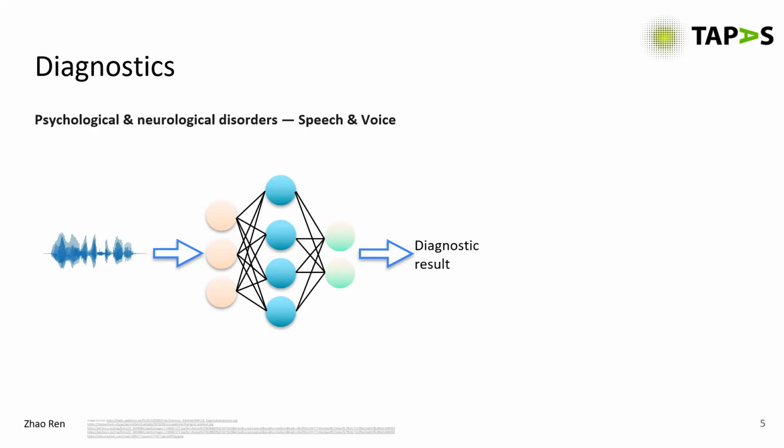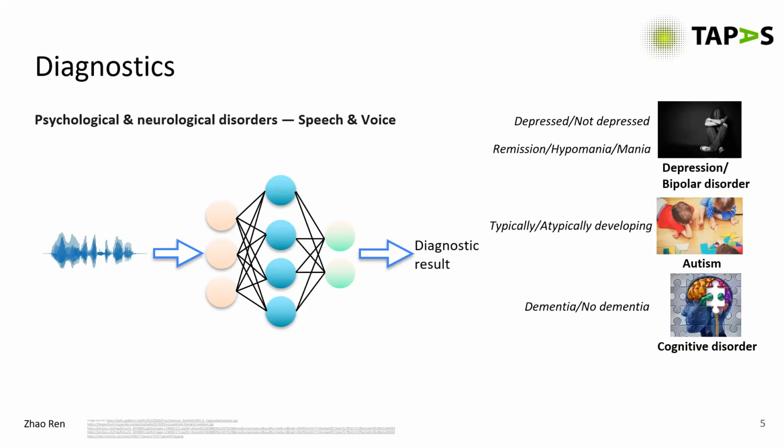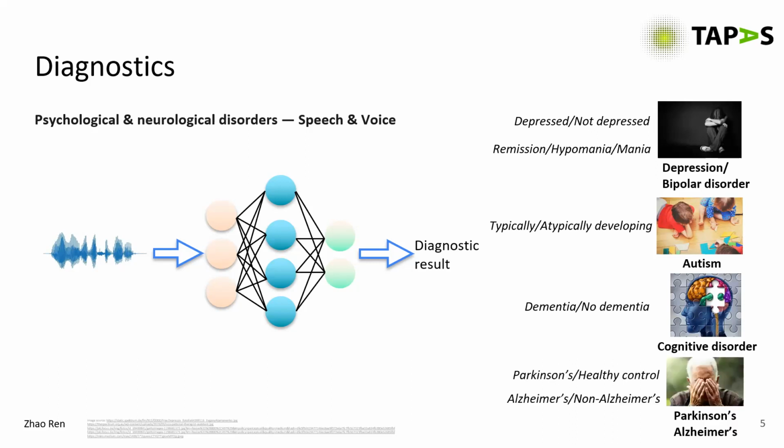With neural networks fed with audio signals as input, we can diagnose depression or bipolar disorder by evaluating the mania level, and autism, and cognitive disorder to detect whether a person has dementia, and Parkinson's disease and Alzheimer's disease.